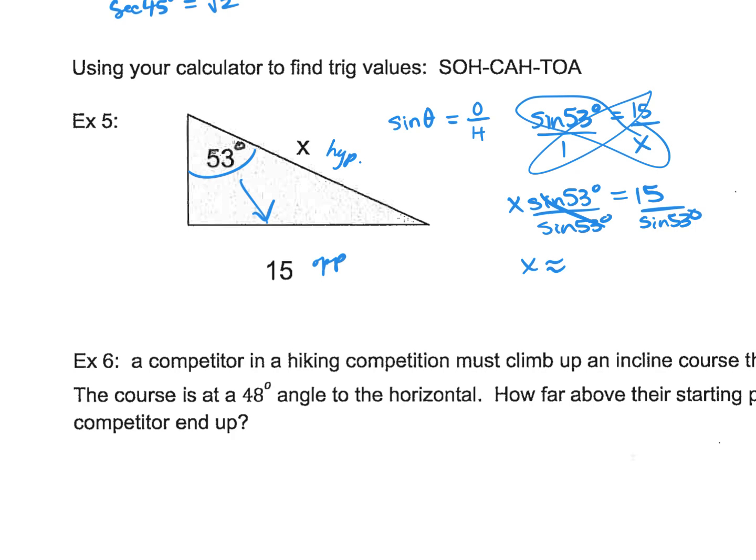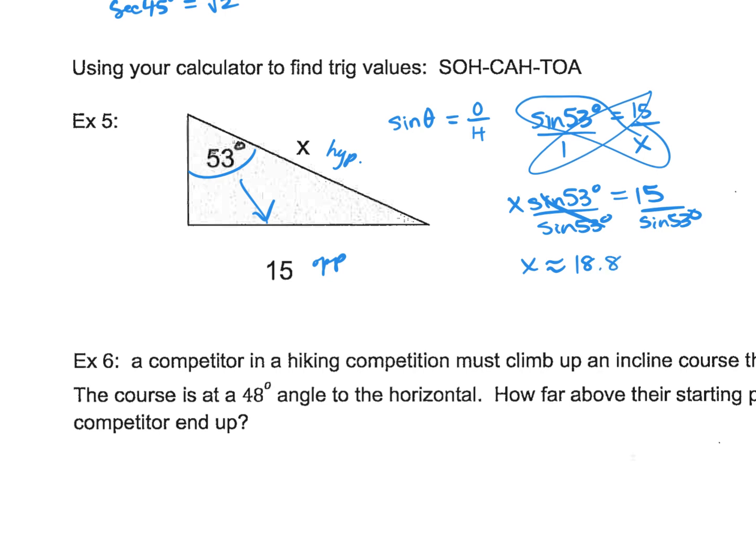So your x should be bigger than what value that you see? It should be bigger than 15. Why? Hypotenuse is always the longest side, biggest value. So if you get something less than 15, you've done something wrong. So what did you get?